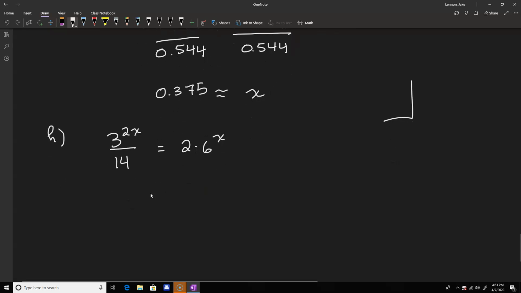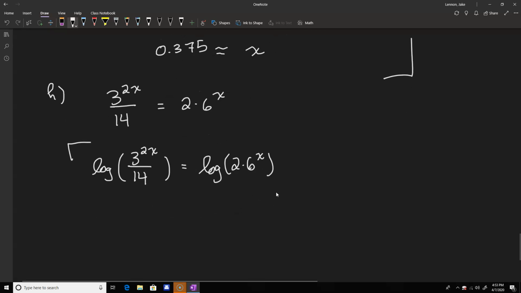Okay, so same kind of story goes here as in the previous problem. We want to take the log of both sides, but we cannot use the exponent property right away because we have some other values involved, some coefficients multiplying and dividing each exponential quantity.